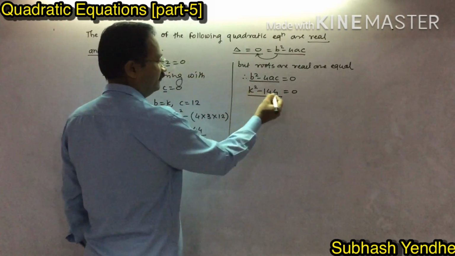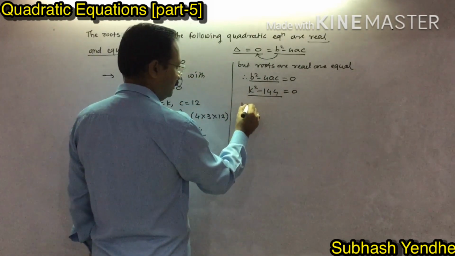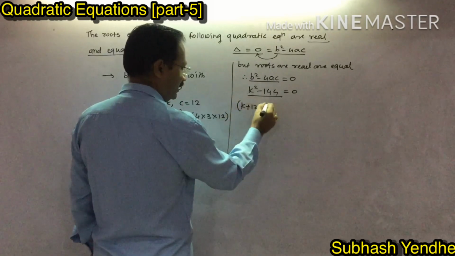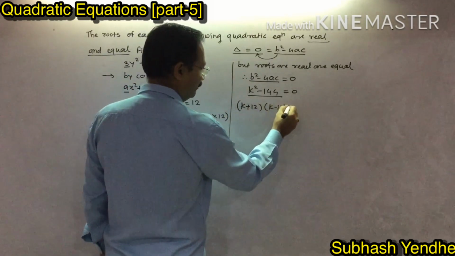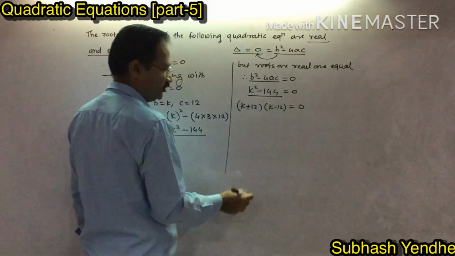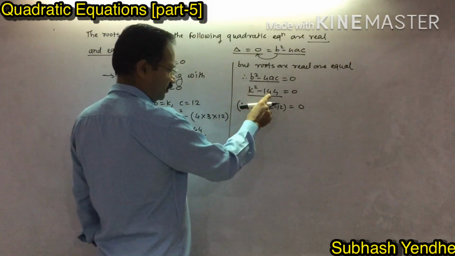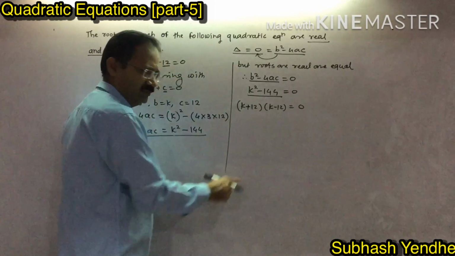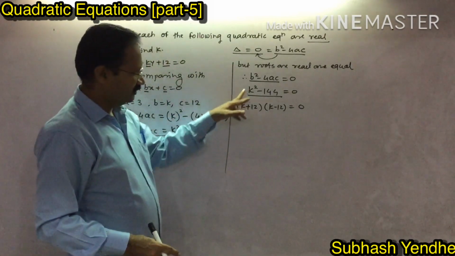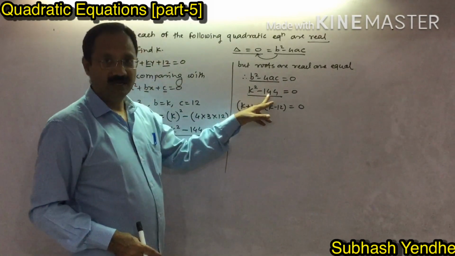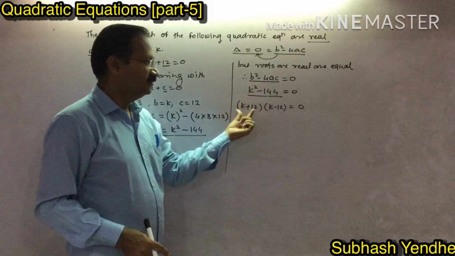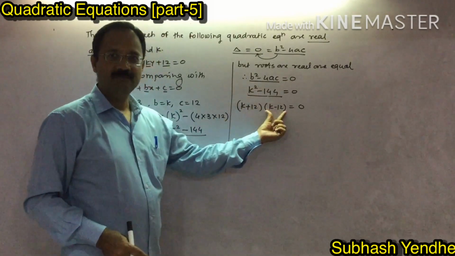Now we can factorize it like this: k plus 12 in one bracket, k minus 12 in one bracket equals 0. Because the root of k square is k and the root of 144 is 12. K square is k square, 12 square is 144, and there is a minus sign, so we can write plus or minus.